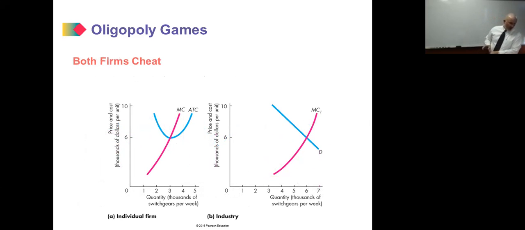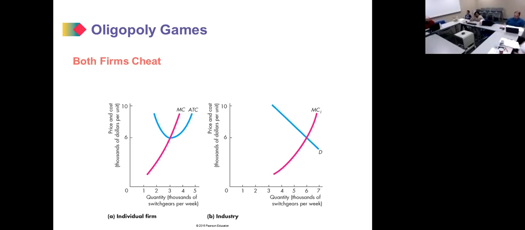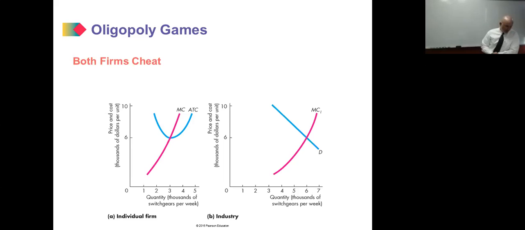Now, what happens if both firms cheat? Then we could do a match. Does that mean that both firms would be overproducing? Well, it just means that both firms are not going to honor their agreement.